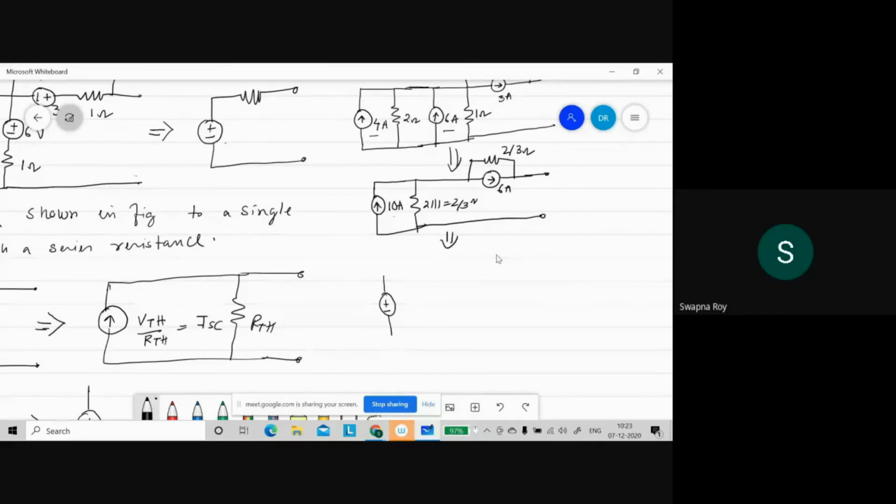Next, this voltage will be V is equal to IR. So this value will be 10 into 2 by 3, so 20 by 3 volts, right? And the resistance will be 2 by 3 ohms.